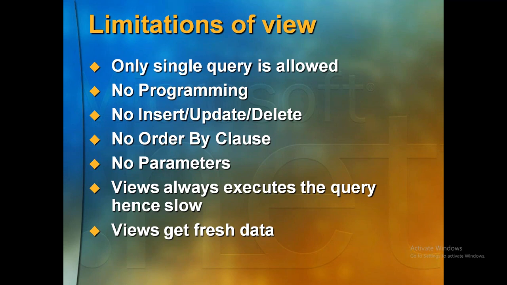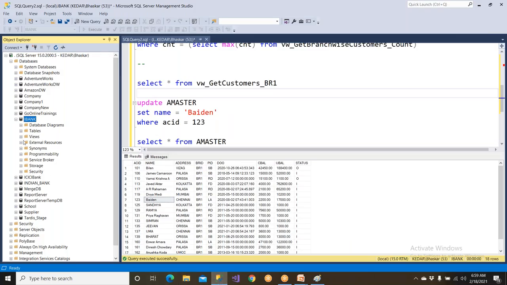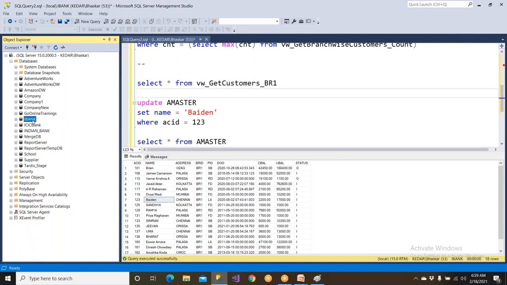See, OLAP means data warehousing, right? So what is a data warehouse? The data warehouse is also one more database. This one is a normal database, and this is a data warehousing database. So data warehousing is also just one more database.